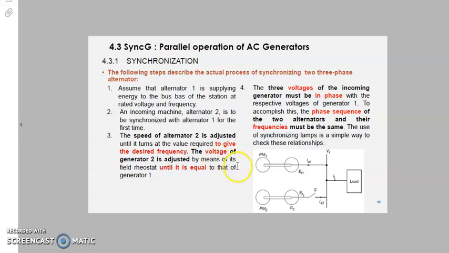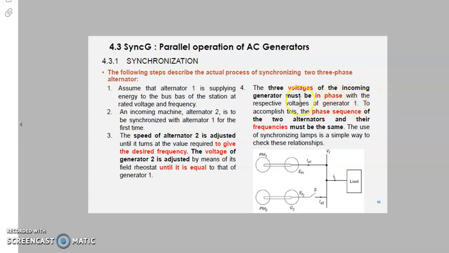The voltage of your genset 2 is adjusted by means of its field rheostat, which means the field current IF. Adjust the field current circuit until the voltage equals that of genset 1 here. Then the three voltages of the incoming generator must be in phase.